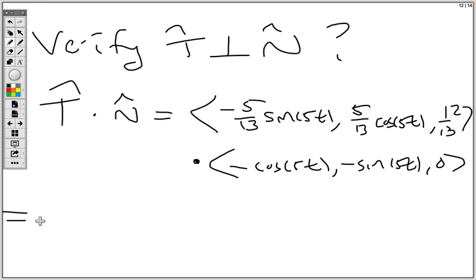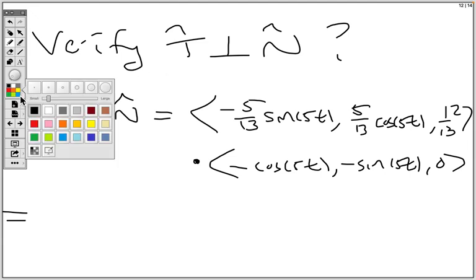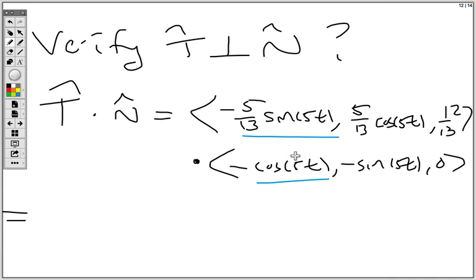And remember, when you take the dot product, you multiply the corresponding components and then add the results. So when you multiply the x components, you get a negative times a negative, that's a positive.